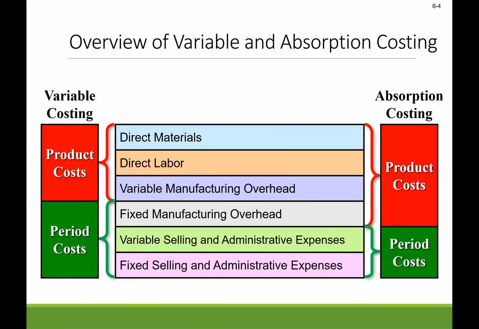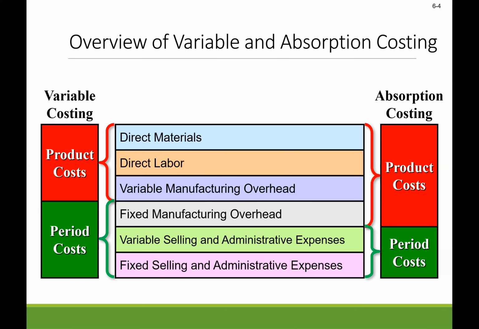So we know in dealing with absorption costing, we had direct materials, direct labor, variable manufacturing, and fixed manufacturing overhead as product cost. And then as period costs, we had variable selling and admin, fixed selling and admin. However, in variable costing, we are going to switch it up.